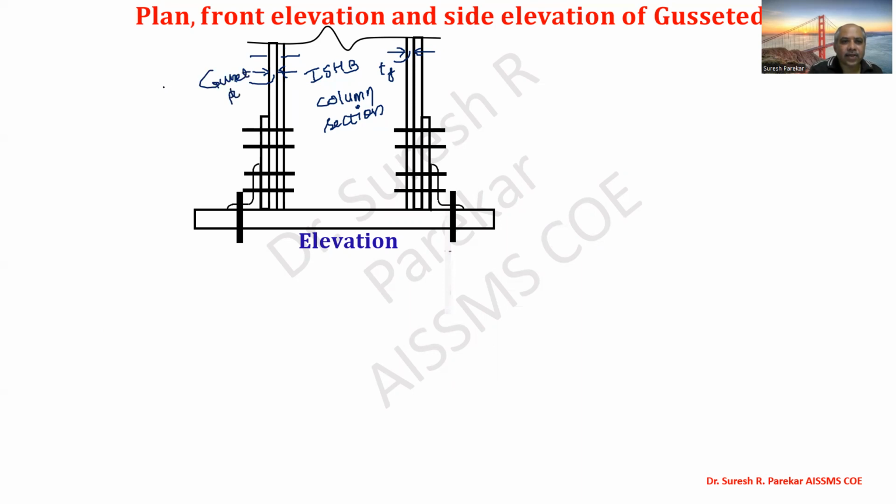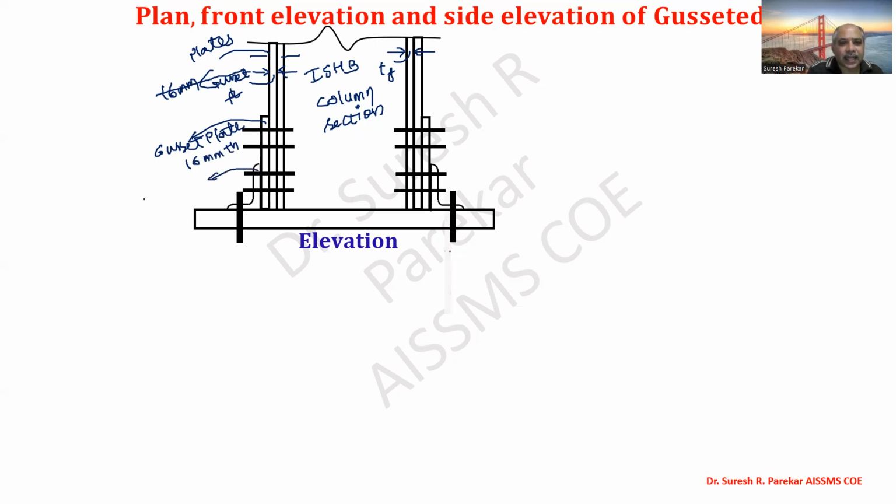Now generally this is 16 millimeter. No, sorry, this is only plate. So ISHB with plates. And then we have the gusset plate, which is 16 millimeter generally, 16, 20 likewise.